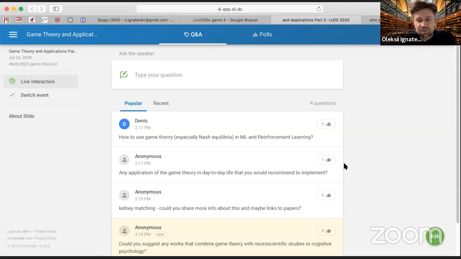How to use game theory, especially Nash equilibrium, with machine learning and reinforcement learning? Basically, as far as I understand, when you use reinforcement learning, you use game theory to check or prove that an equilibrium exists.